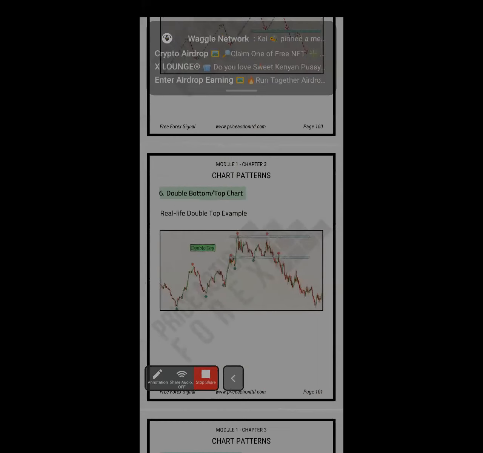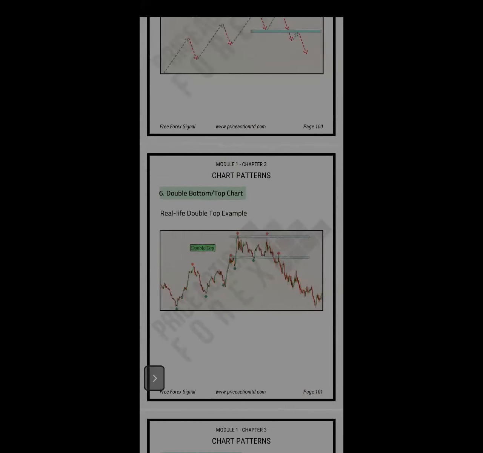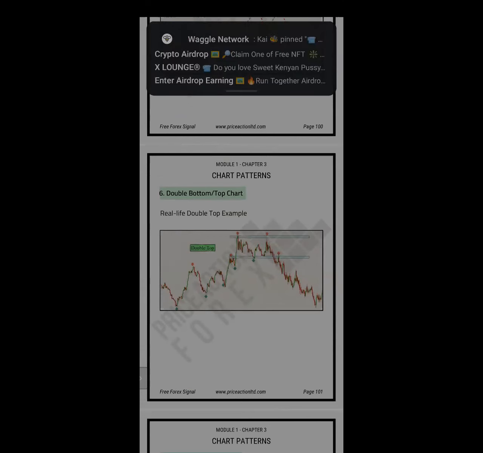So what they're saying is when there were two nearly equal lows and another low that was nearly equal to the two previous lows is created, that's when a triple bottom is created. So you can simply say that double top and double bottom, triple top and triple bottom are reversal patterns. They are trend reversal patterns.